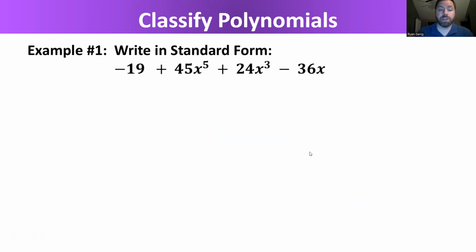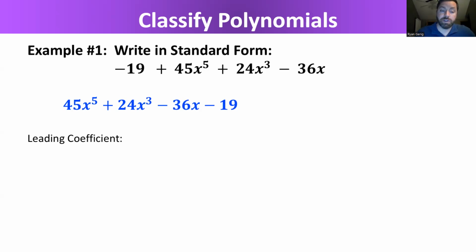Let's do that a couple times. Standard form is when we write a polynomial in order from biggest exponent to smallest. So we take the whole term of 45x to the 5th and write it first. It's positive, so it stays positive. The next biggest exponent is the x to the 3rd. So I'm going to take that whole term and write it next. The next biggest is 1, negative 36x. And then negative 19 goes at the end. That's written in standard form.